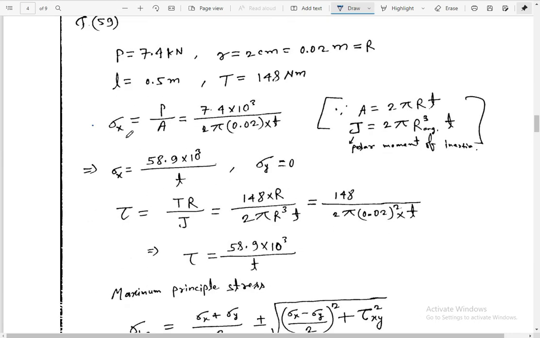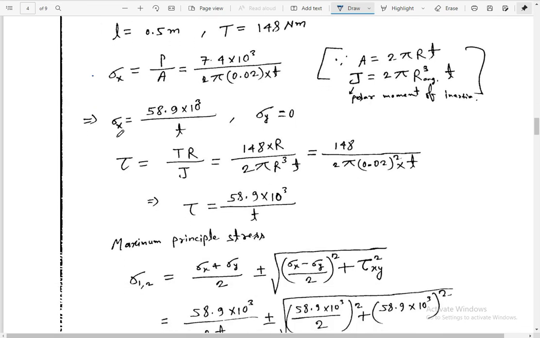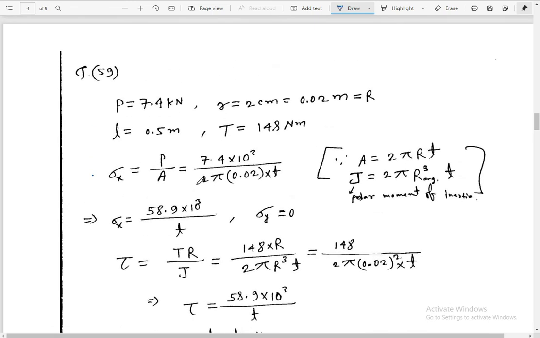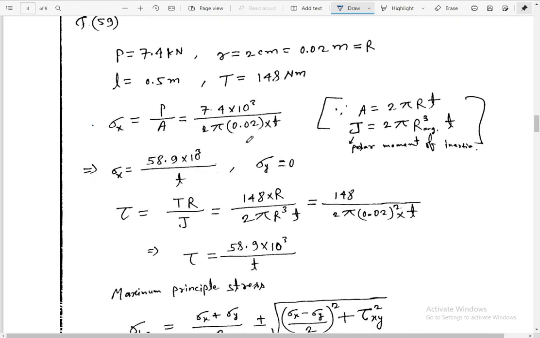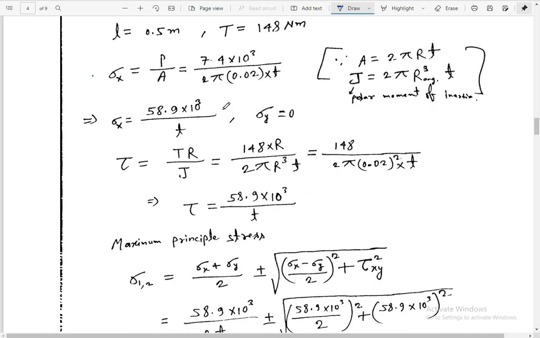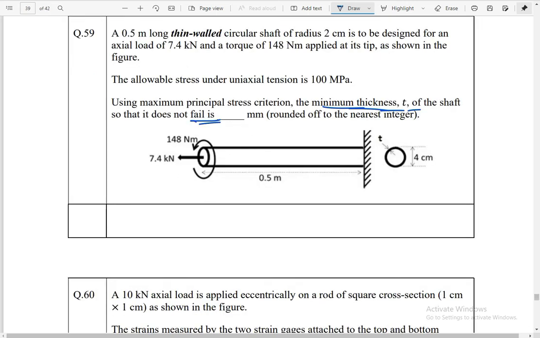The stress is P by A, load is given, and area we can find as 2 pi R T. Finally, sigma x we will find from this, sigma y equals 0, because only this axial load is mentioned.